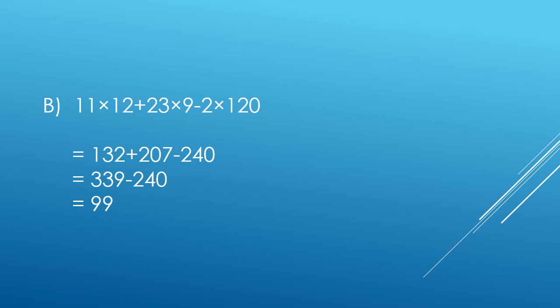Now see one more numeric expression, that is question number 3, B part. That is 11 multiplied by 12 plus 23 multiplied by 9 minus 2 multiplied by 120. Now again children, you have to apply BODMAS.